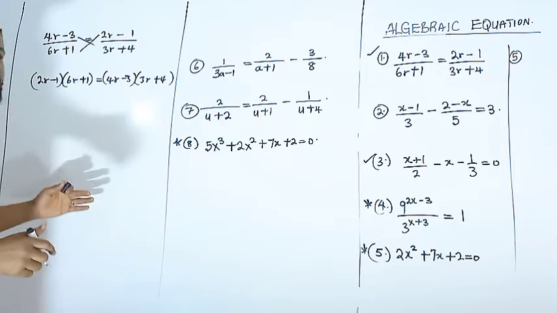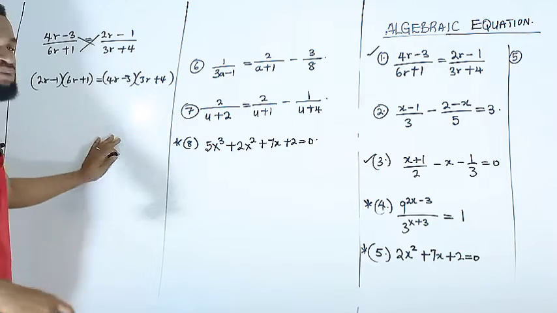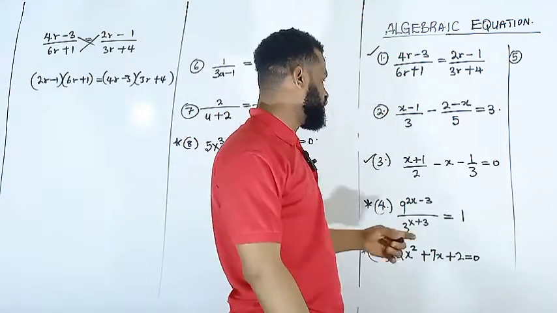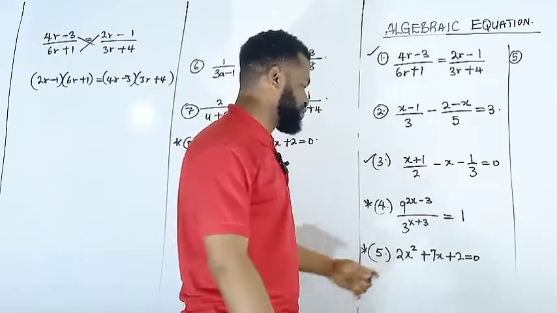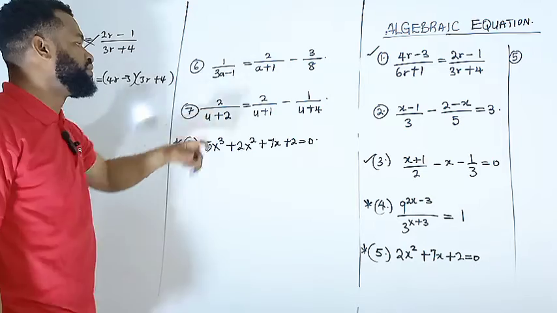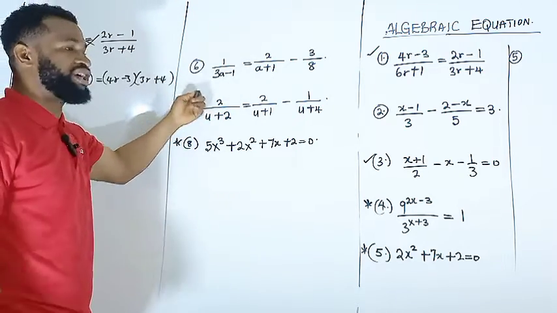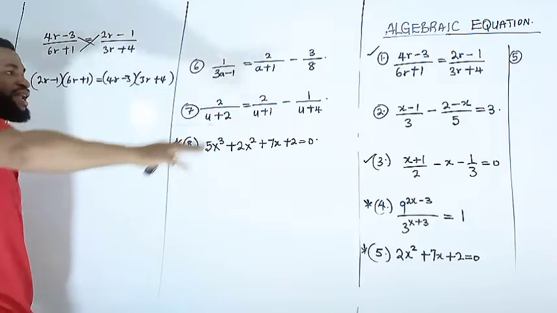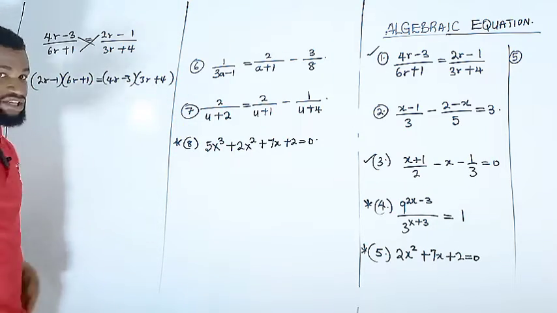But why I don't like this is because this method can never be applied in all cases. You can't apply that method here, you cannot apply it in any of these. So that is why I don't like it.